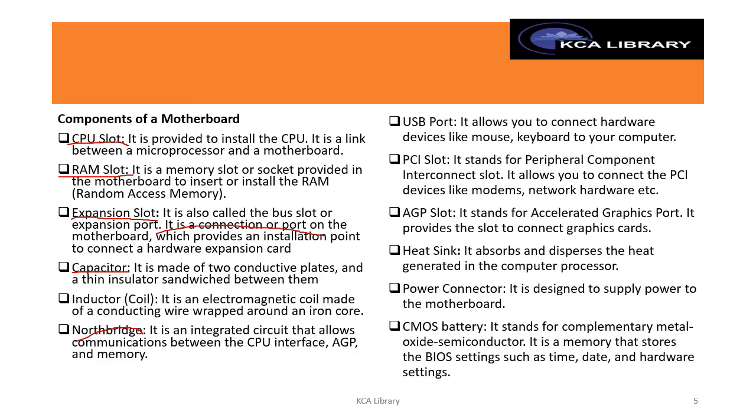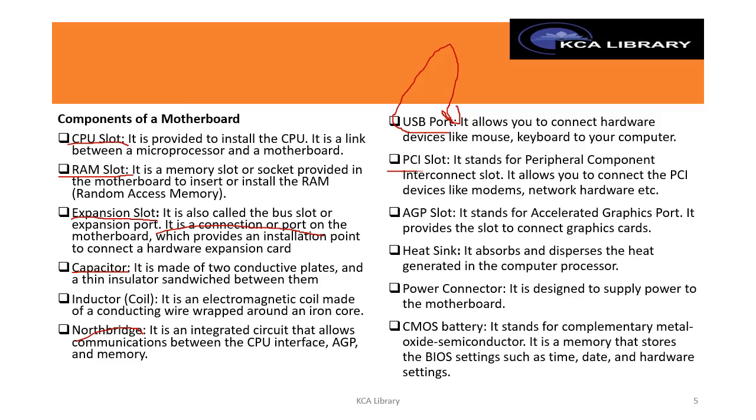We also have the USB port on the motherboard. You all know the USB port. Basically, if you want to connect any hardware to the computer system, you need the USB port. If you want to connect the mouse or the keyboard, you simply use the USB port.